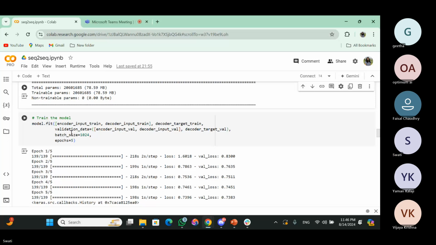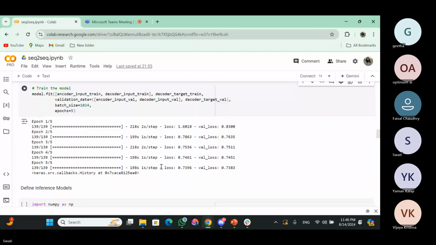If you have a good system with good memory and a good GPU, then you can go for more epochs. It will be good. 5 epochs are not enough. As you can see, I could only reach a loss of 0.7396 for training, and for validation it is 0.7383.